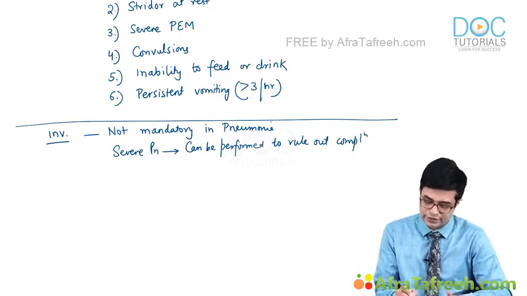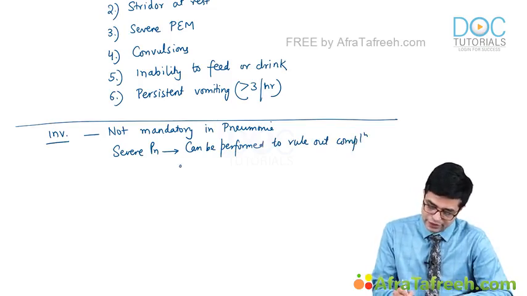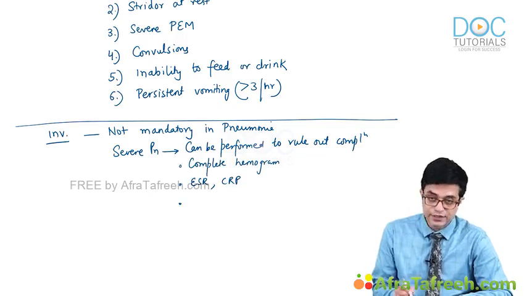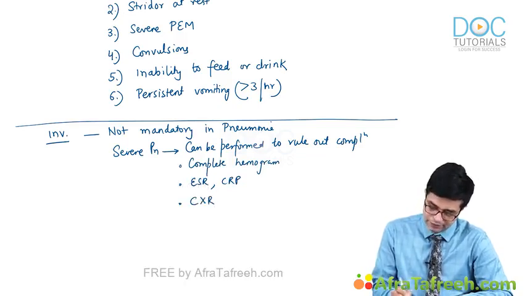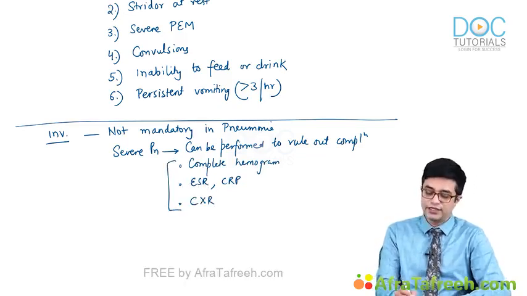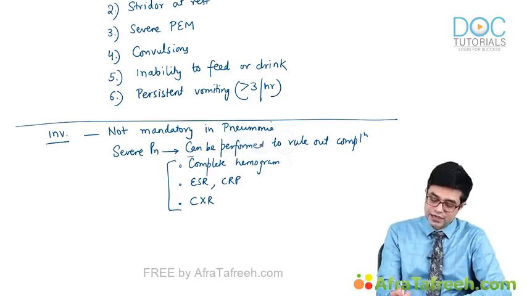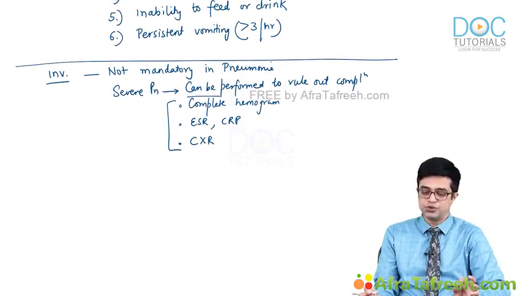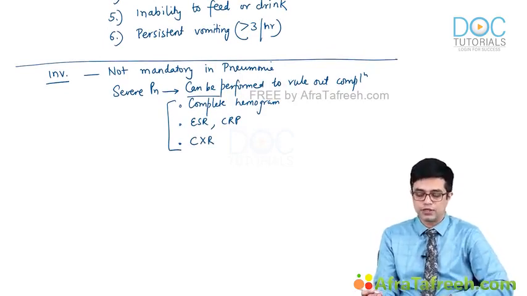So they are not mandatory. What are the things that can be done? You can perform a complete hemogram, and you can perform inflammatory markers like ESR and CRP. And thirdly, you can perform a chest X-ray. As I keep saying, they are not mandatory, they can be done. So complete hemogram, ESR, CRP and chest X-ray are the usual investigations which are performed.